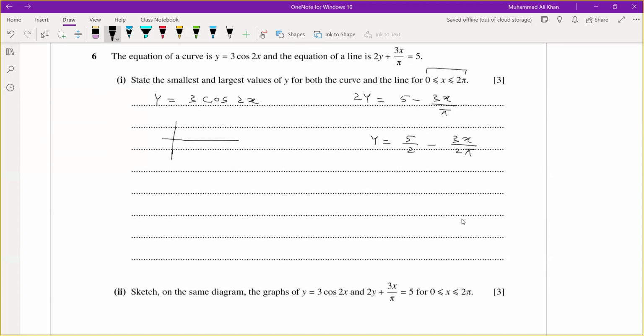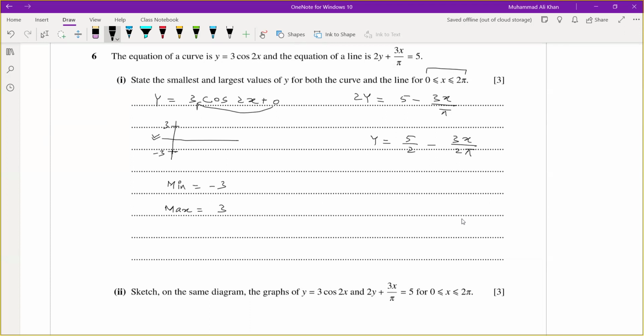The main axis is 0 because there is nothing added after 3 cos 2x. If there is an addition or subtraction, that is the main axis, but here there is nothing, so we can write 0. So 0 is the main axis. To the main axis we have to add the amplitude. Main axis plus 3 is 3. Main axis minus 3 is minus 3. So the minimum value is minus 3, and the maximum value of the curve is 3.